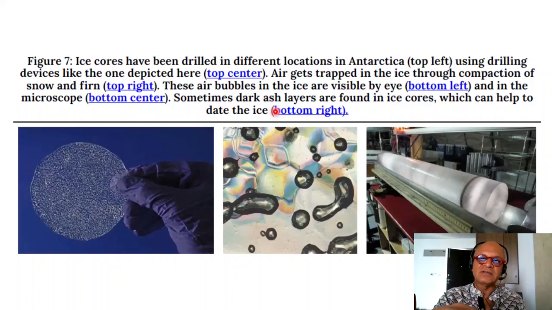So the changes in dust amounts can tell you the condition of the climate, whether it was arid, whether it was wet, and so on. And you can imagine that if there is an ice age happening and a lot of glacier growth is happening, then probably the globe is colder, so more dusty, as we will see later on. So here we are looking at bubbles that are visible, trapped here with various gases, and so on and so forth.